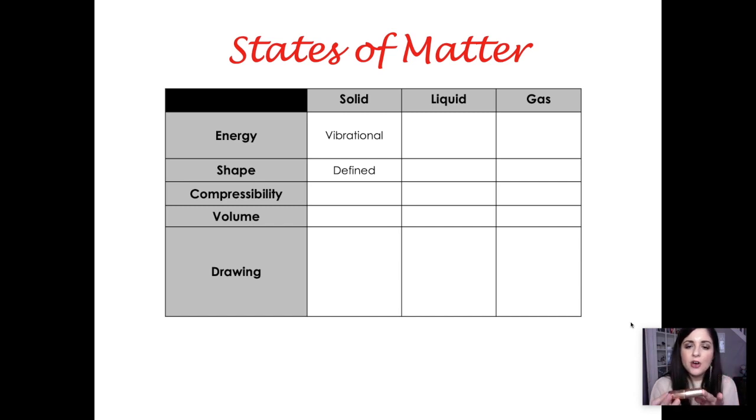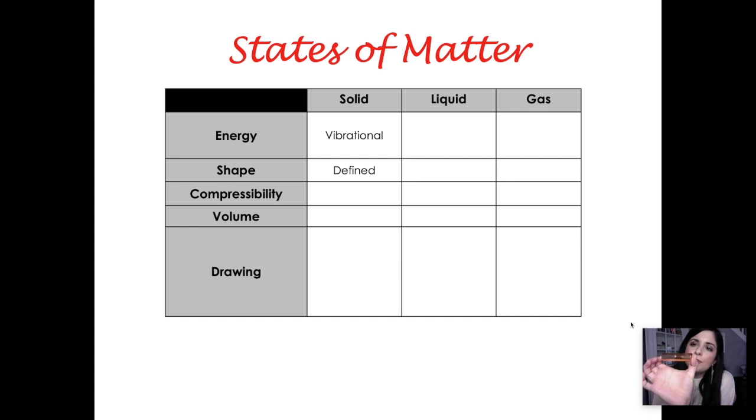And even though it doesn't appear that those atoms are moving at all, they are, in fact, vibrating back and forth. Even when you, as a person, have absolutely no energy, you are moving a little bit, and atoms are the same way. They're vibrating back and forth in place.